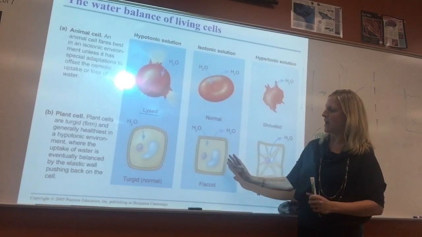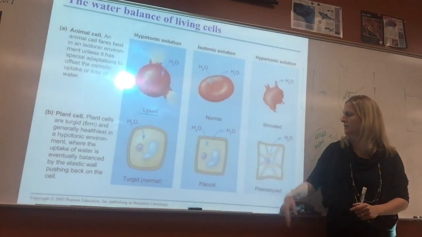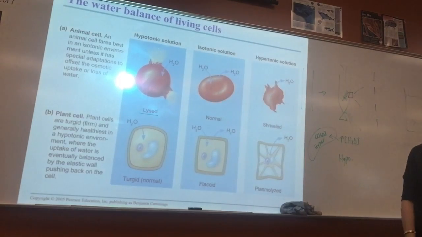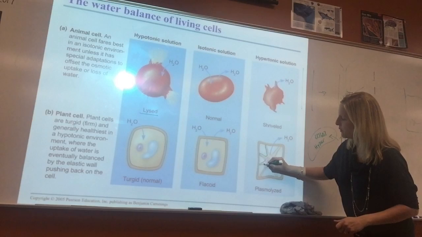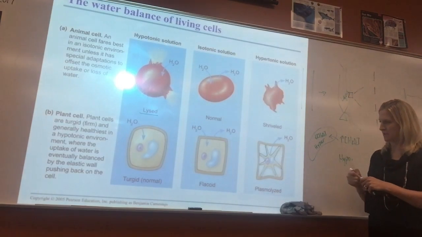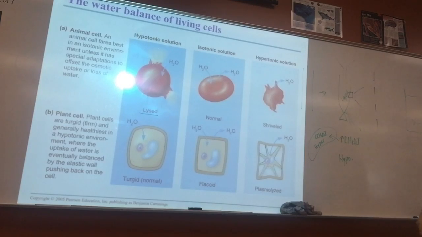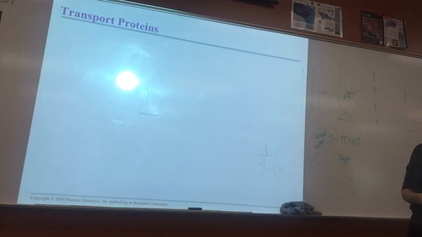Flaccid means that it is limp and the plant can wilt, and this is the plasmolysed cell. Remember the cell membrane here shrinking away from the cell wall because of the volume of water decreasing inside. All right, and in both of these cases for plant and animal cells, that will cause the cell to die.